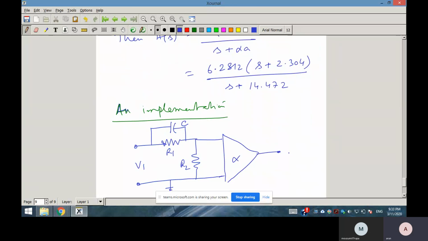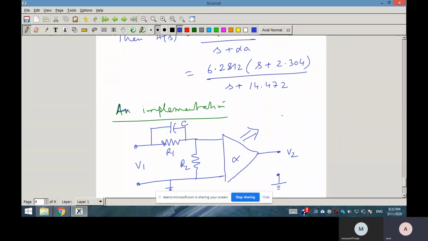This is V2. V2 is this voltage, V1 is this voltage. Then I write another property here. So this is V2. This amplifier alpha can be a differential amplifier.